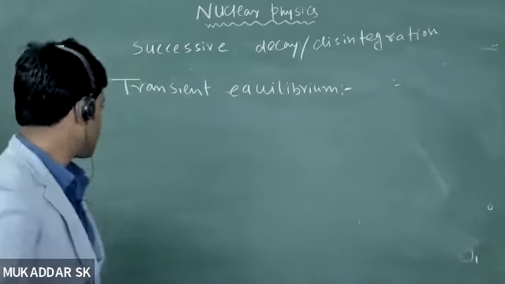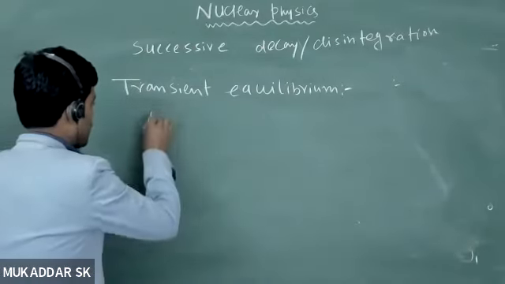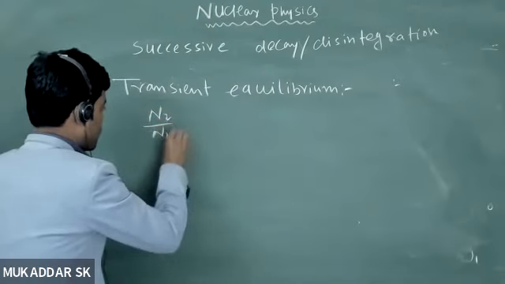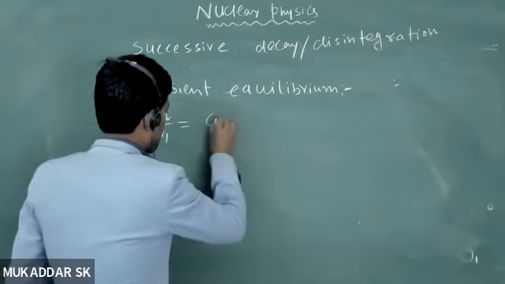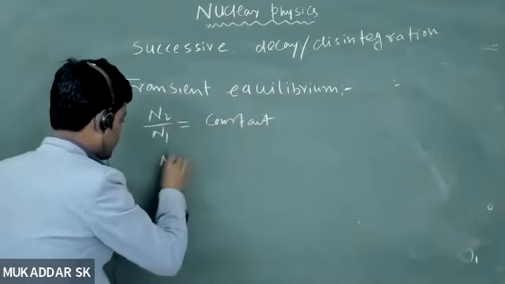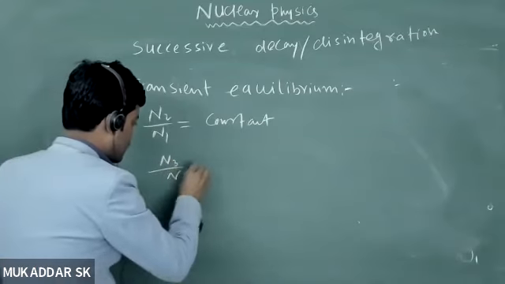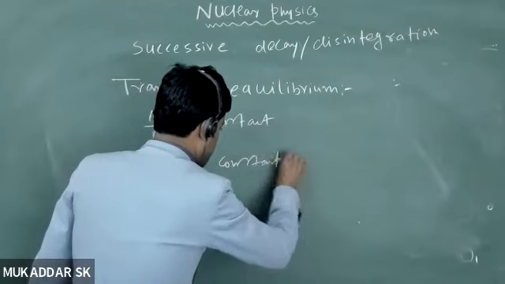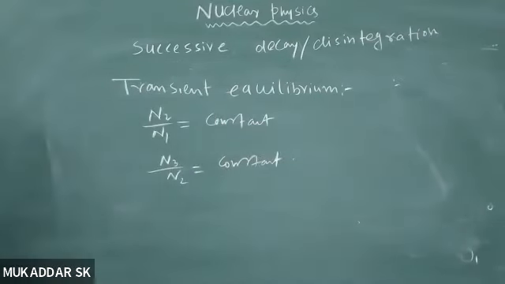But transient equilibrium का मतलब ये है कि N2 by N1, this ratio, that will be constant. And similarly N3 by N2, that will also be constant. And so on, N4 by N3, that will also be constant if that process is still going on.